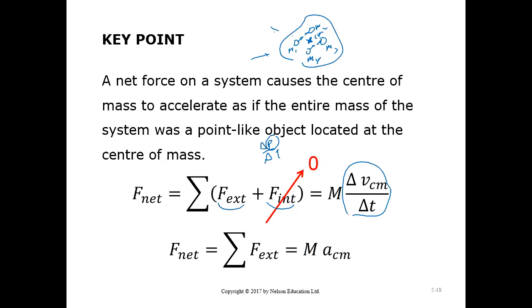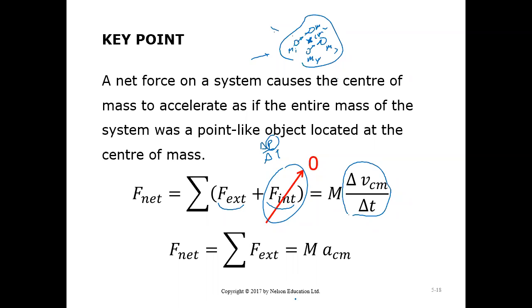So if there is an internal force between M1 and M2, if M1 is pushing or attracting M2, there will be an equal and opposite force on M1 from M2 in the opposite direction. So the sum of all the internal forces will be 0 because they come in pairs. They will cancel each other.